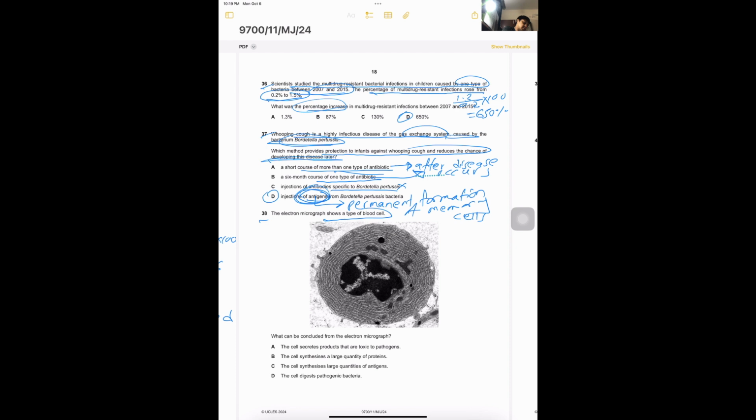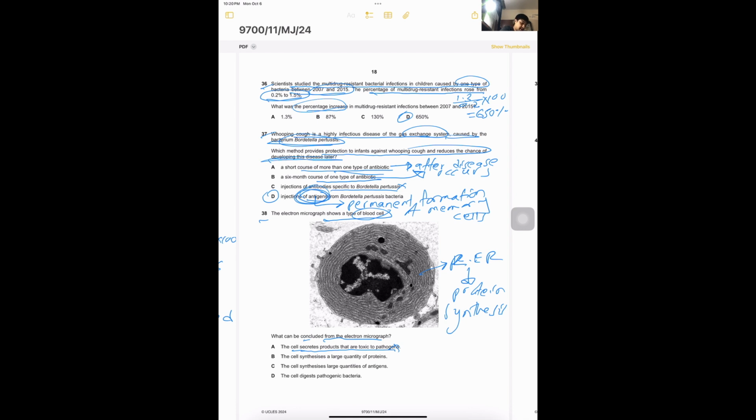The electron micrograph shows a type of blood cell. What can we confirm in the electron micrograph? We can see a lot of rough endoplasmic reticulum, which means it does a lot of protein synthesis. It looks like it does a lot of protein synthesis, hence that could be the answer. The cell secretes products that are toxic to pathogens. We cannot deduce this from there.